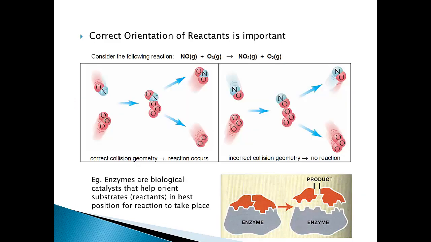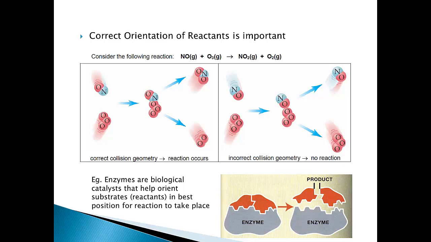Now, the correct orientation is important. Here's a diagram illustrating how important this is. If you get the correct collision geometry, we need the oxygens coming together in this case. This reaction has some NO and some O3. They're going to collide together, and we're going to produce some NO2 and some O2.